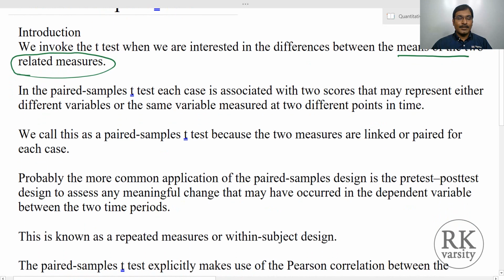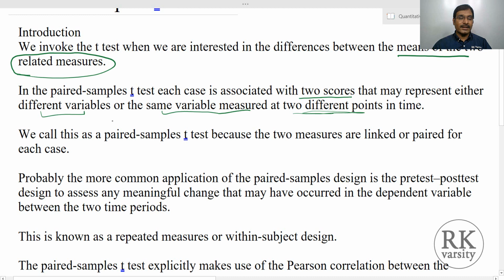In the paired sample t-test, each case is associated with two scores that may represent either two different variables, or the same variable measured at two different points in time.